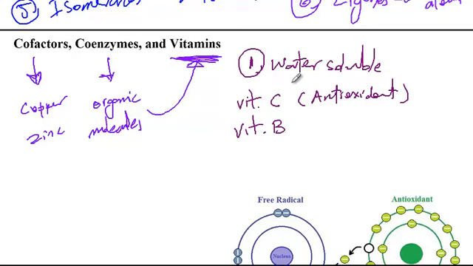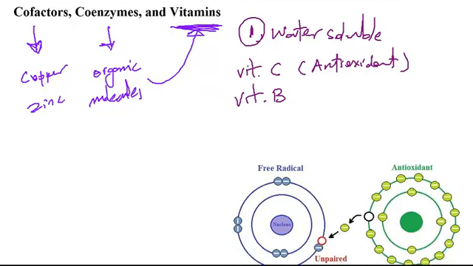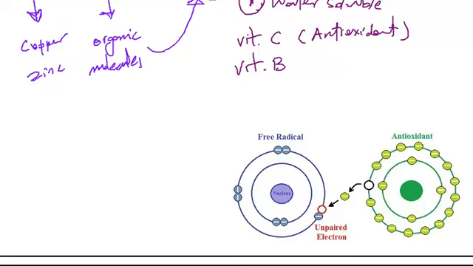The reason that these molecules are hydrophilic and water soluble is that they have a large number of electronegative oxygen and nitrogen atoms, which engage in hydrogen bonding with the water, as a consequence of which they're water soluble. The other form of vitamins that we have are fat soluble.